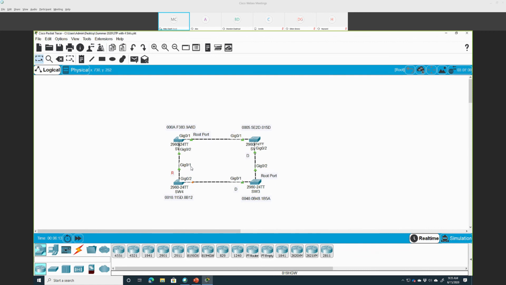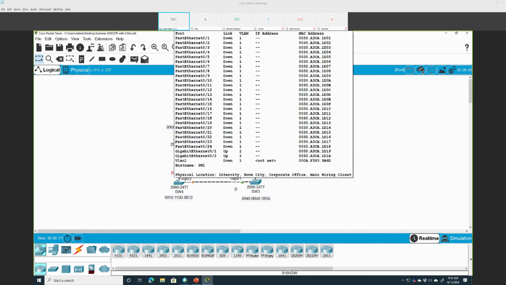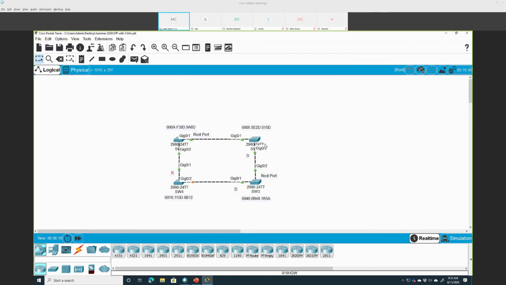So why don't we go this way, we go that way? Because that other port's blocked. Yeah, why is it blocked? That's the question. Why don't I block it over here, but block it over here? Because it's equal cost. You follow?